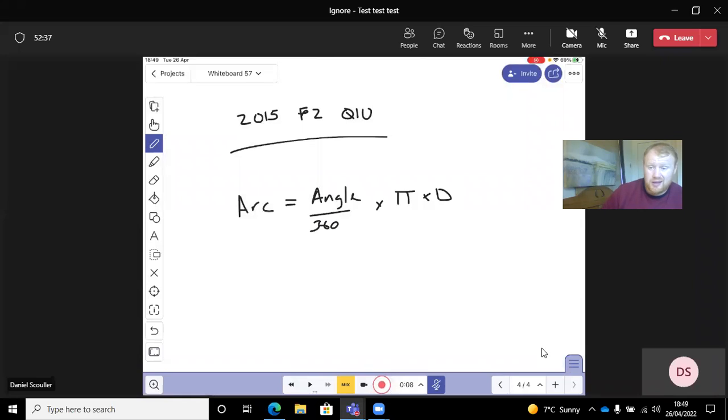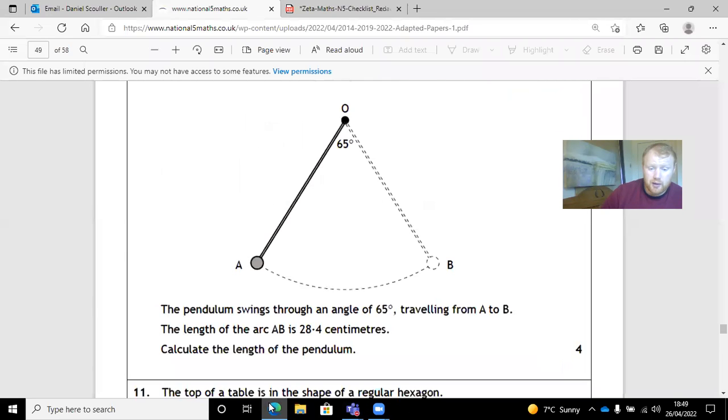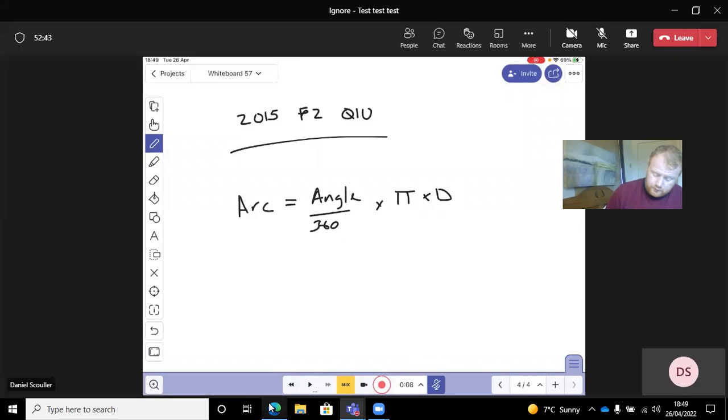You get given the arc length, which was 28.4, given the angle, which is 65, and you know what pi is, and you can find d.